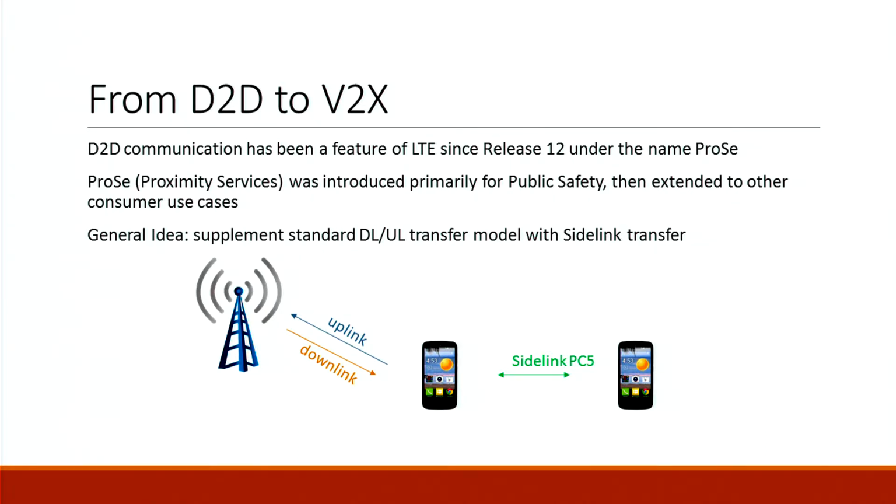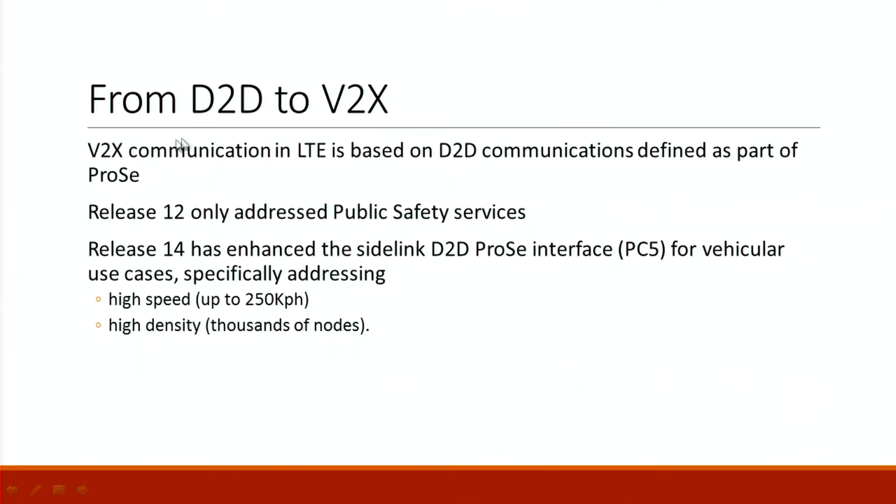So they are taken away from the uplink and downlink spectrum and given to the side link communication. It's called side link PC5. And V2X communication is based on ProSe. Release 12 only addressed public safety. Release 14 onward has announced D2D ProSe interface for vehicular use cases, addressing high speed, high density, and so on.